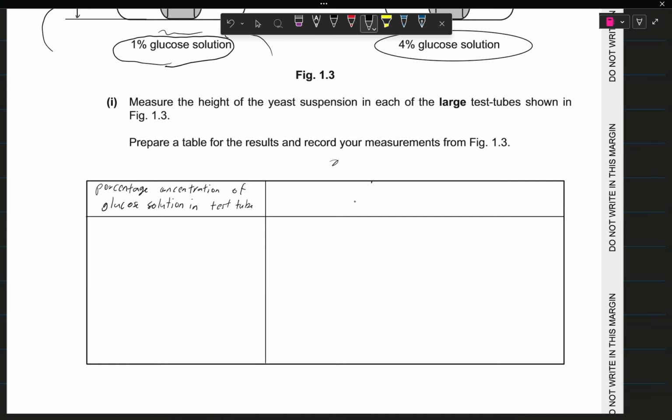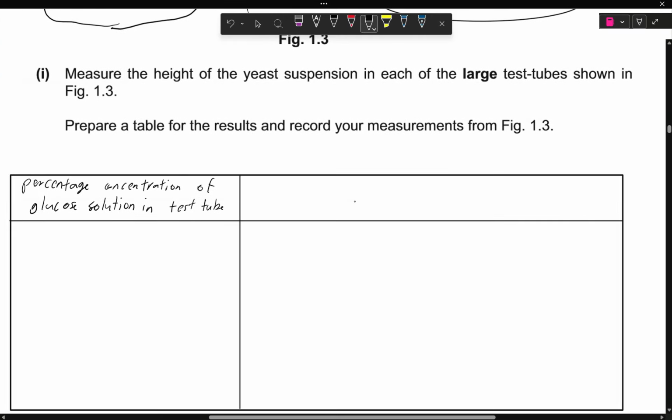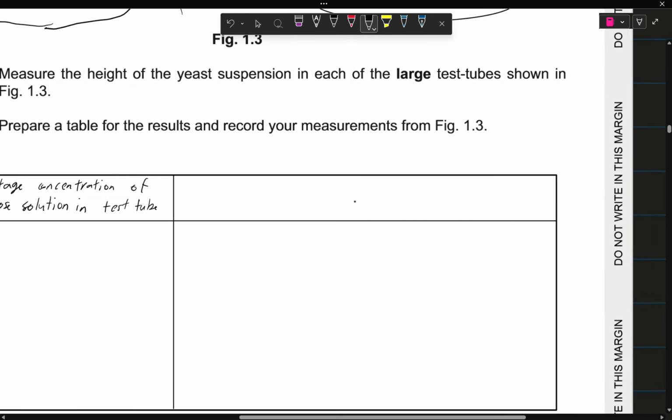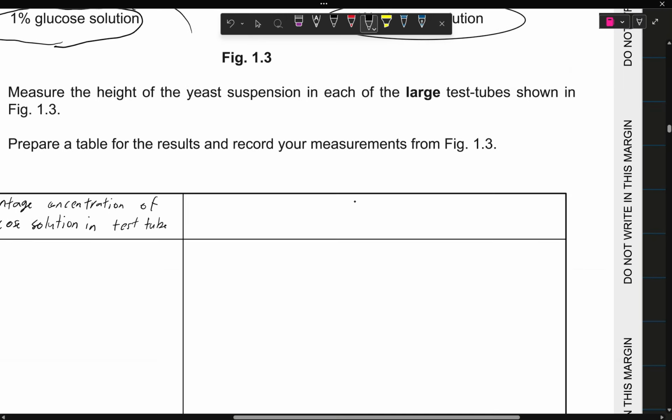However, it is always better to use millimeters, because in biology, we rely more on millimeters. So that's essentially what we'll be doing here. We will be writing the height or length, or I'll just say height. So that is basically what I'll be doing here.